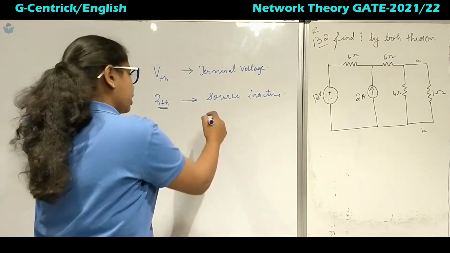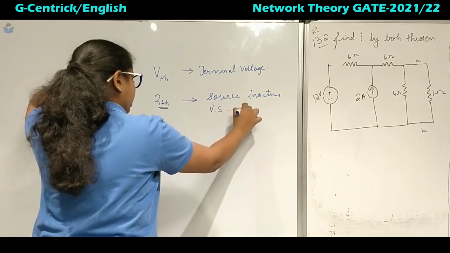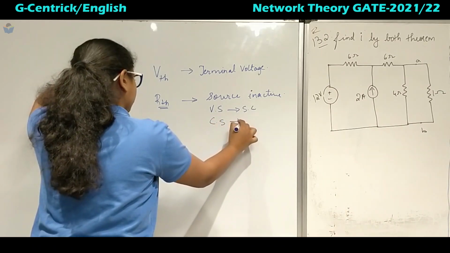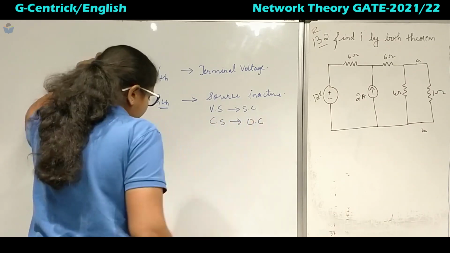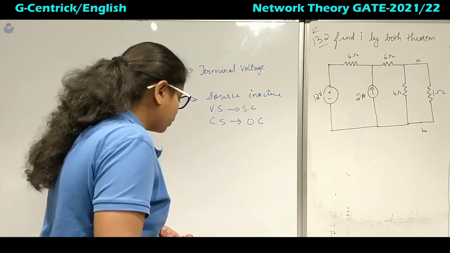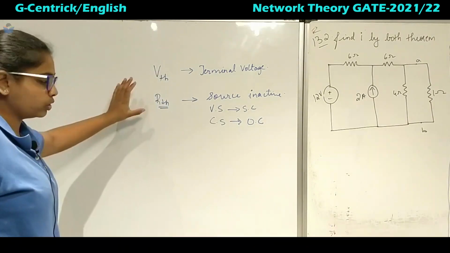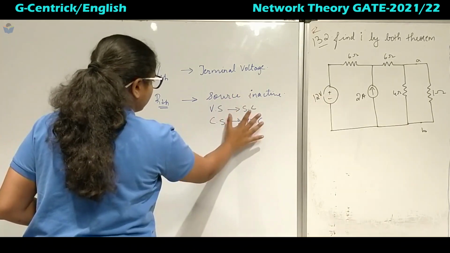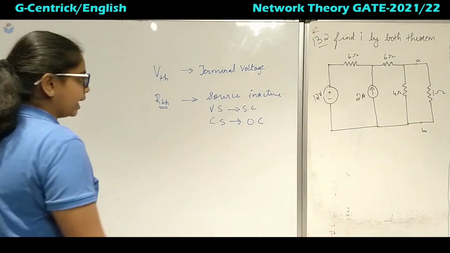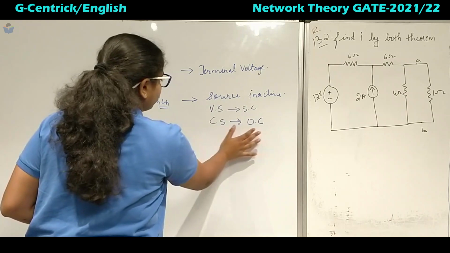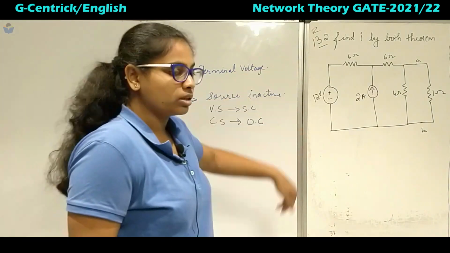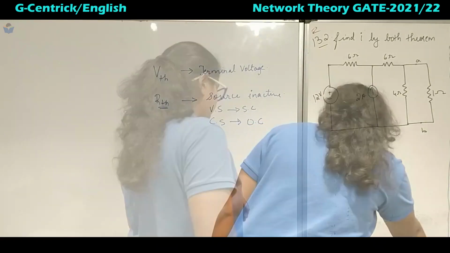We have already seen how to make sources inactive: if it is a voltage source, it will be short circuited, and if it is a current source, it will be open circuited. This is one thing we have to keep in mind. So while calculating RTH, we short circuit the voltage source and open circuit the current source. Now we will come to this problem 132.